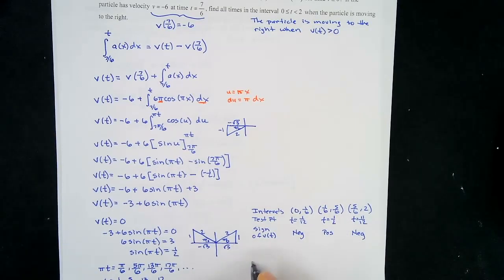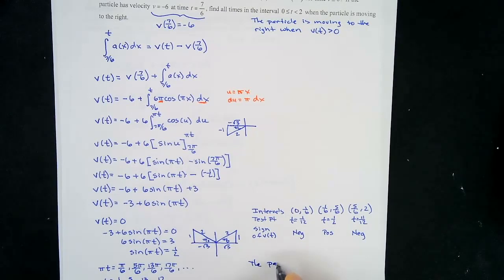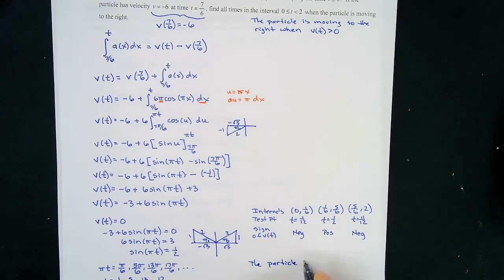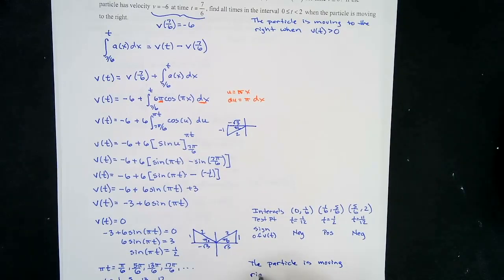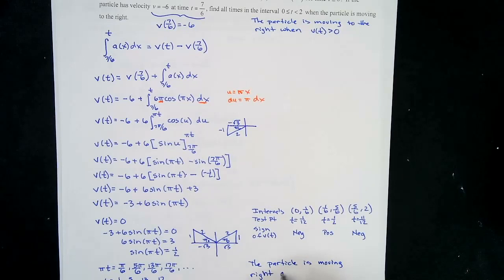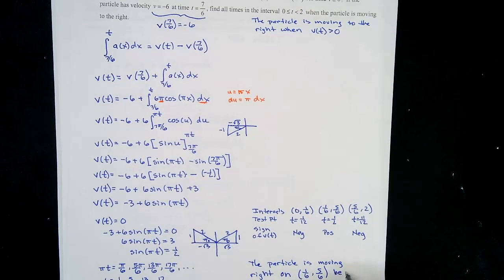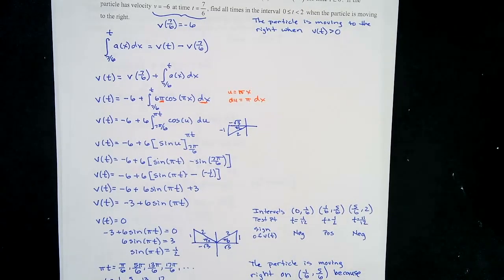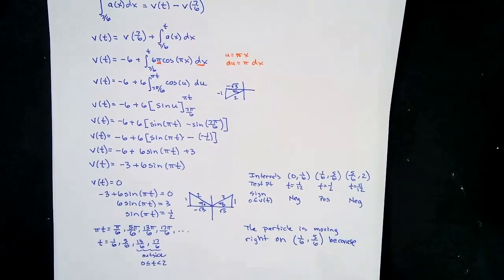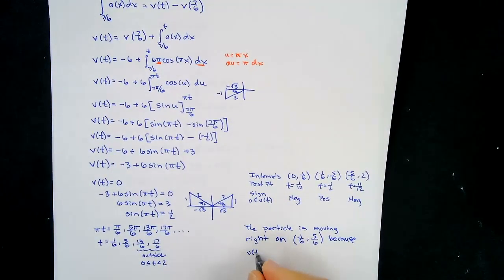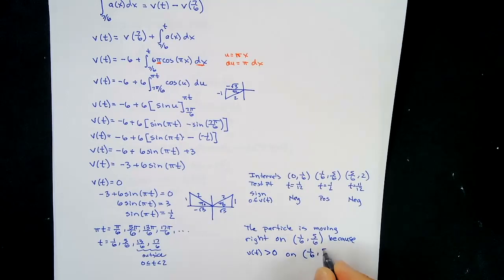So we would say the particle is moving right on the interval 1/6 to 5/6 because, and I'll slide my paper up a little bit, v of t is greater than 0 on 1/6 to 5/6.